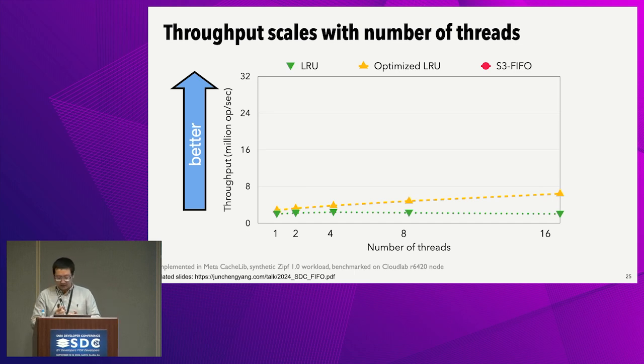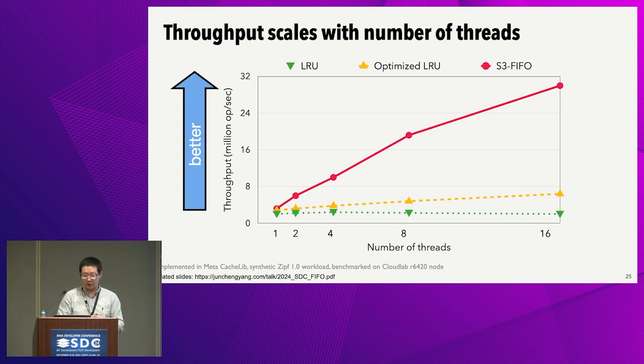We implement this inside CacheLib because scalability is very important for Meta workloads. So the CacheLib team spent a lot of effort to improve the scalability. They used a lot of different techniques, which is what this optimized LRU stands for. With all those techniques and optimizations, the optimized LRU is already much better compared to strict LRU. However, compared to S354, the optimized LRU still has much lower throughput, because in S354, we do not require locking at all.